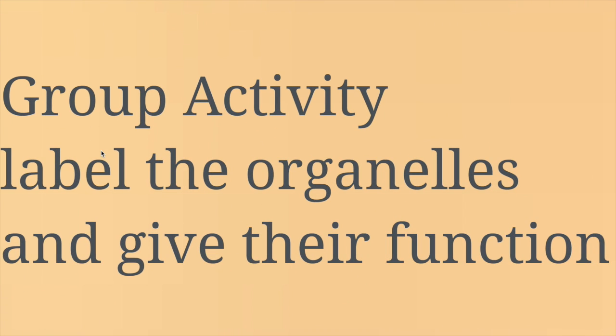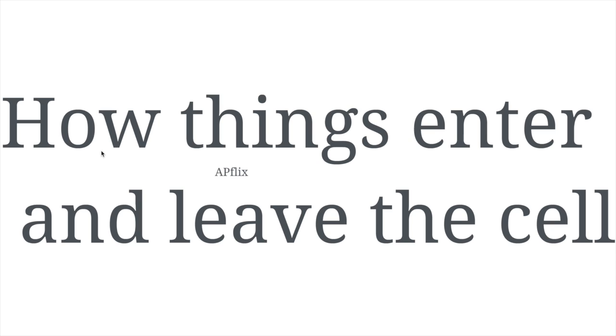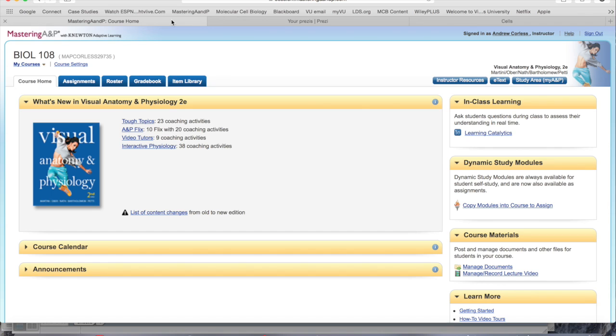Okay, so hopefully you already did that, labeling the cell, labeling the organelles from that cell picture and giving their function. You don't need to turn that in, but that's going to help you study. Next thing we're going to talk about is how things enter and leave the cell, and we're going to start with a movie that's found on Mastering A&P.